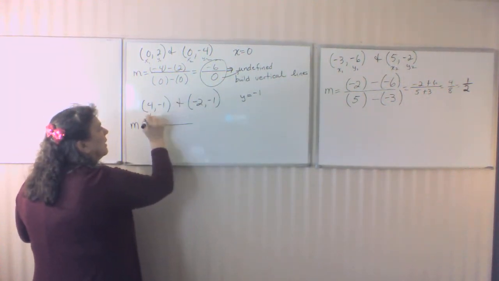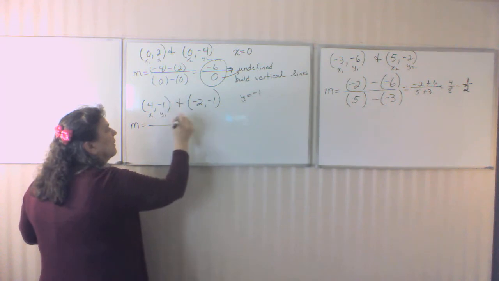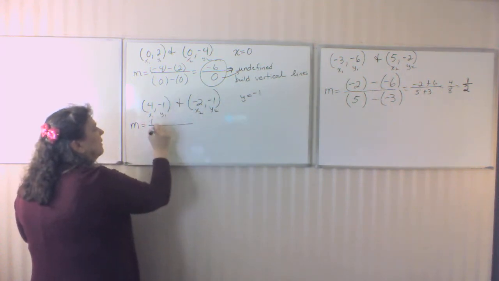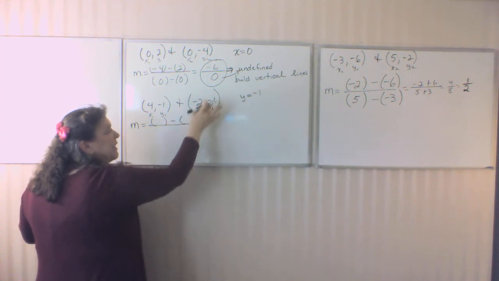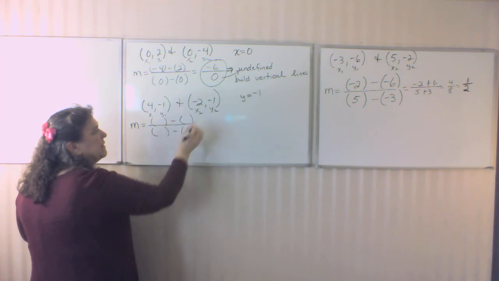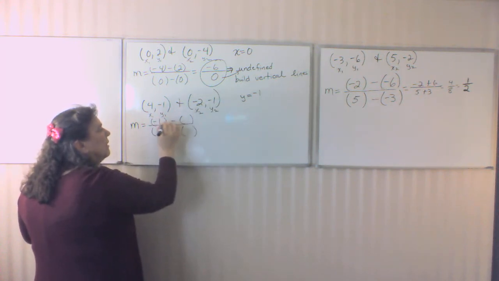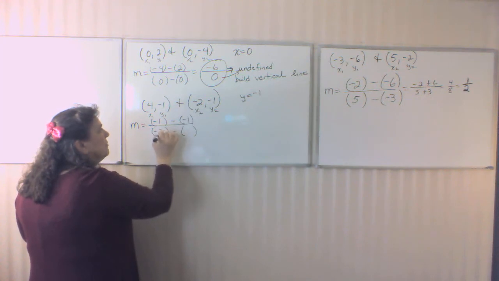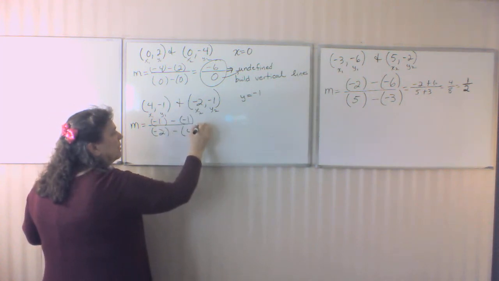And again, if this helps keep you straight, it's worth it. Whenever I have negatives in my ordered pairs, I always put them in parentheses. Negative 1 minus negative 1, negative 2 minus 4.